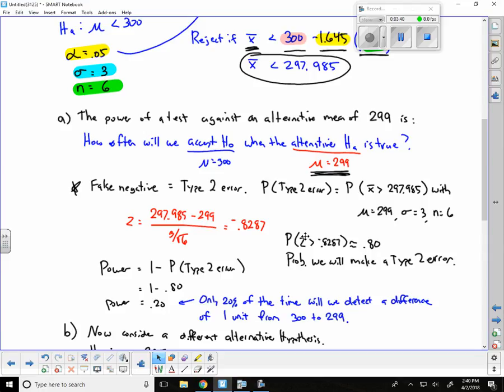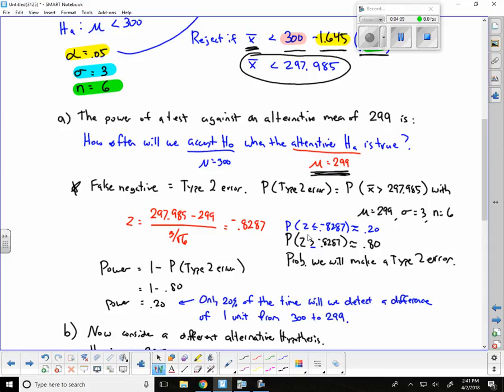Now, if we were to do this backwards, if we were to say, what's the probability that z will be less than, and we could put equals to there, it doesn't make a difference, negative 0.8287, that's going to be 20% of the time. So 20% of the time, it will fall below this 297.985 if the true mean is 299.